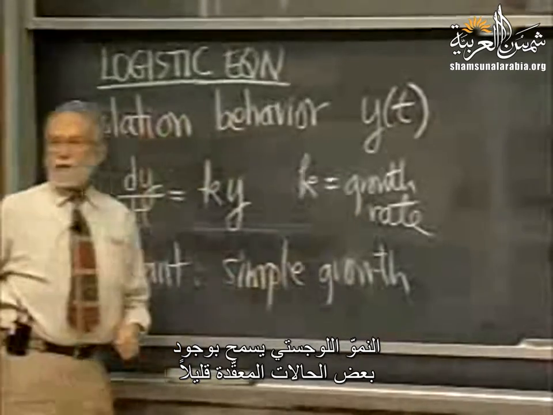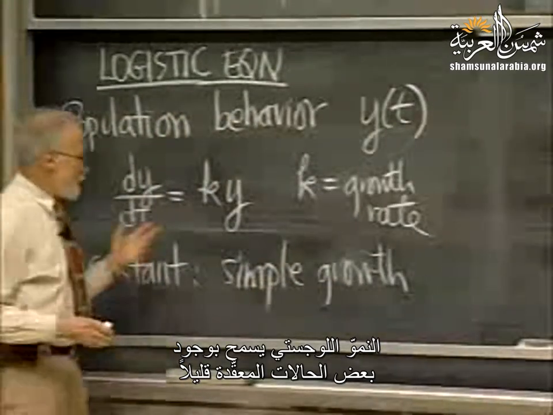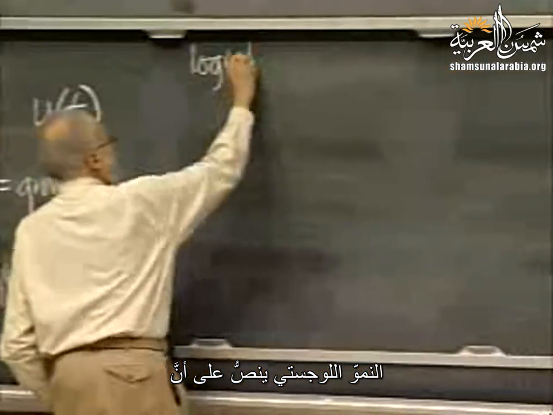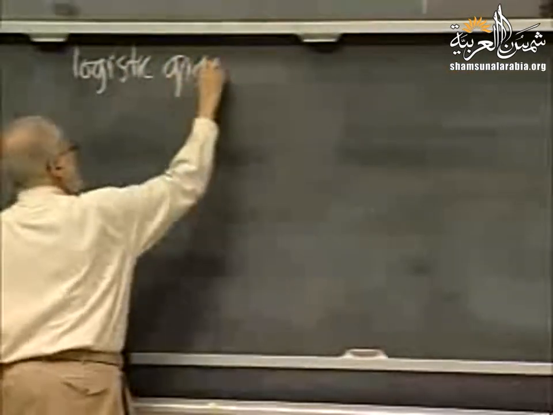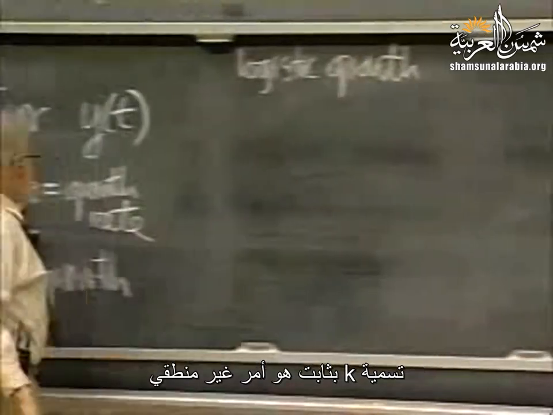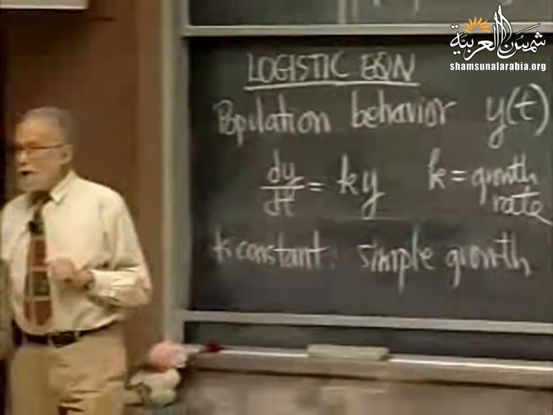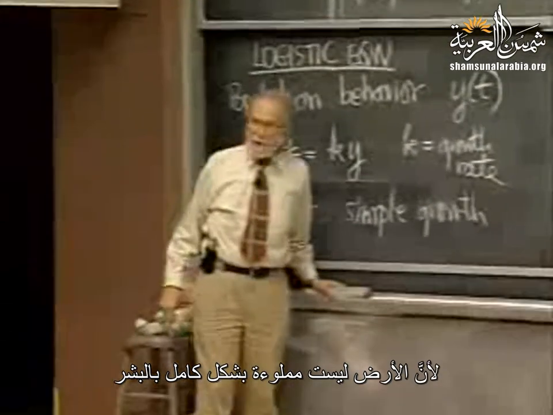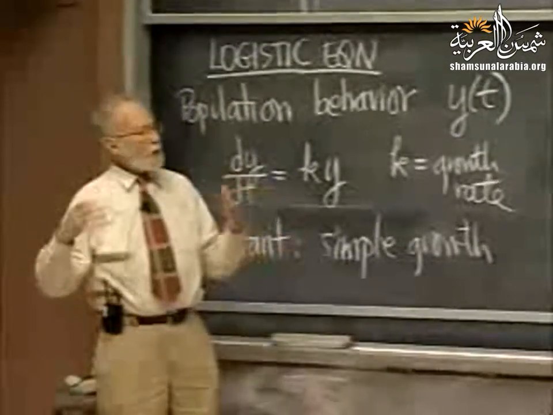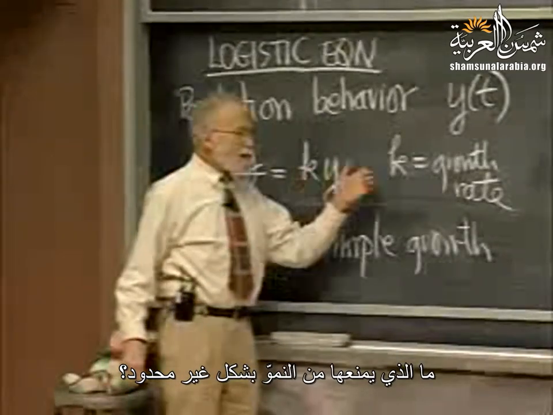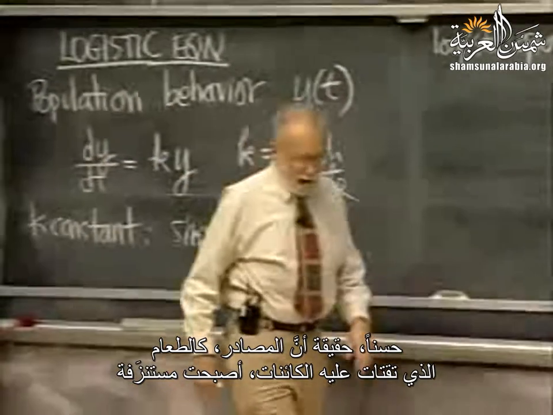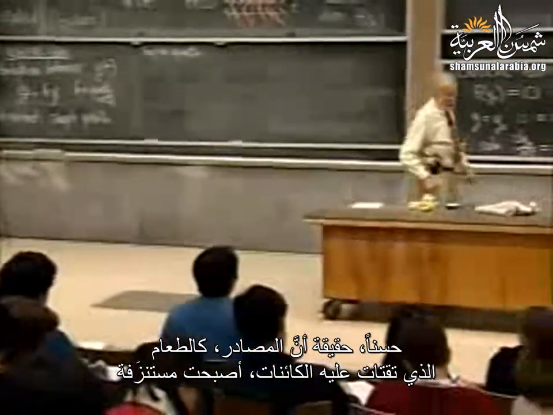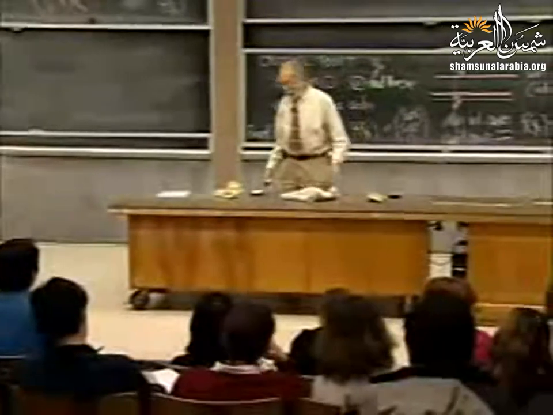Logistic growth allows for a slightly more complex situation. It says that calling k a constant is unrealistic because the Earth is not filled entirely with people. What stops it from having unlimited growth? Well, the resources, the food that the organism has to live on, get depleted.